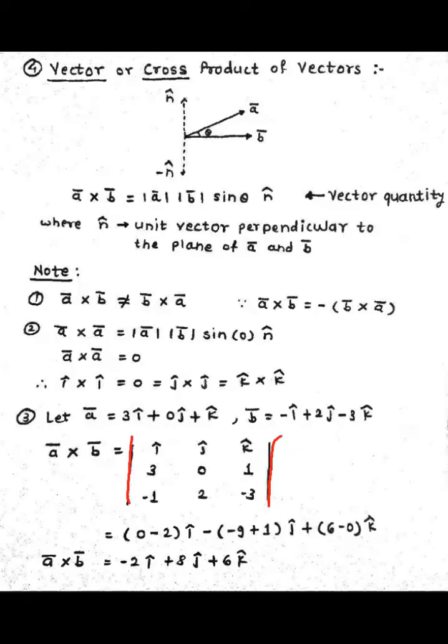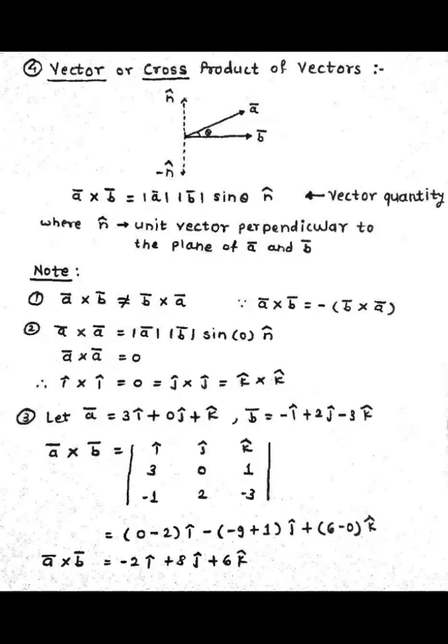First row is i, j, k, and the second row is for a bar: the component of i cap is 3, the component of j cap is 0, and the component of k cap is 1. The last row is for b bar: the i component is minus 1, the j component is 2, and the k component is minus 3.